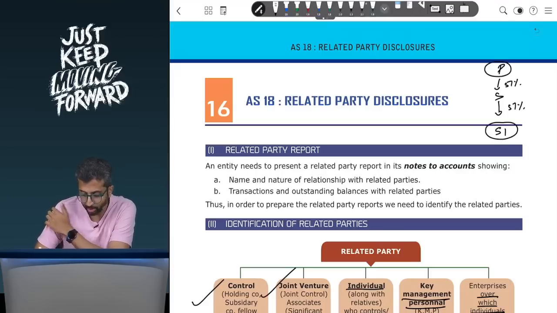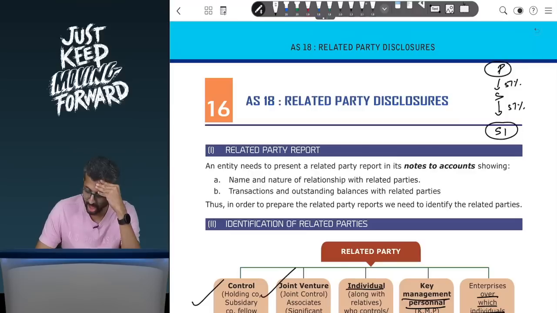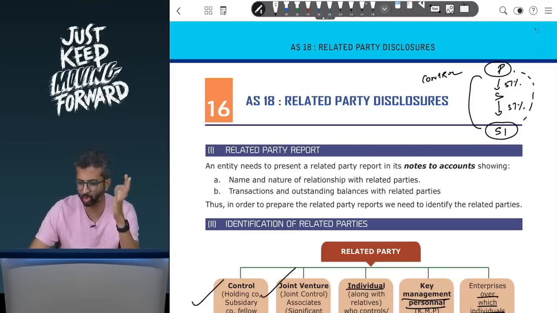So P in S1, just for our knowledge, institute solutions have been contentious earlier, but now the treatment you should say is, does P have control over S1 or does it have merely significant influence? Because 51 into 51 will come to approximately around 26. 51 into 51 comes to around 26.01.